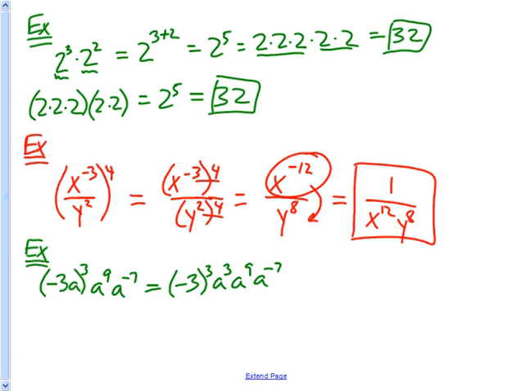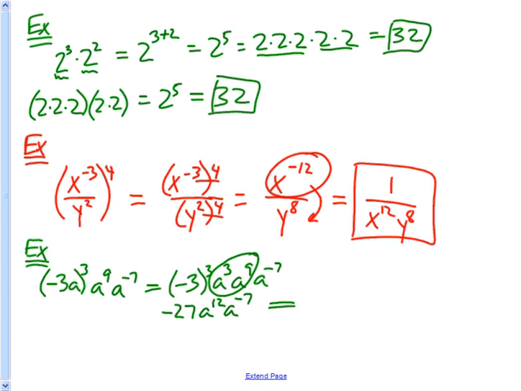Well, negative 3 to the third, that's negative 3 times negative 3 times negative 3, or negative 27. You got a to the third times a to the ninth. If you're going to do both of those, how many a's you got there? Well, 3 plus 9, 12. Looks like I got 12 a's, a to the 12th, and you got a to the negative 7.